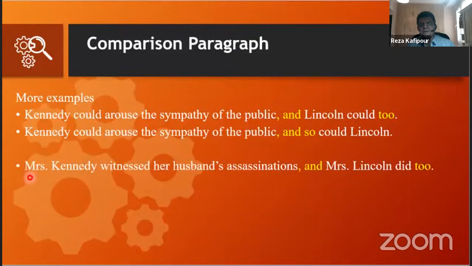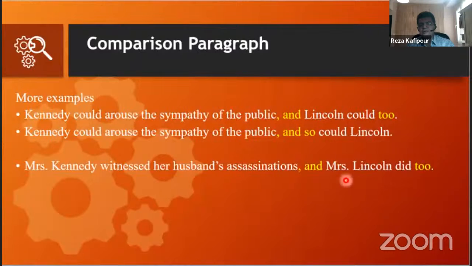Another example, Mrs. Kennedy witnessed her husband's assassination and Mrs. Lincoln did too. As the sentence is in simple past, the auxiliary verb that we should use in this structure would be "did". So we are just talking about how to select the appropriate auxiliary verb for the second part of the sentence.